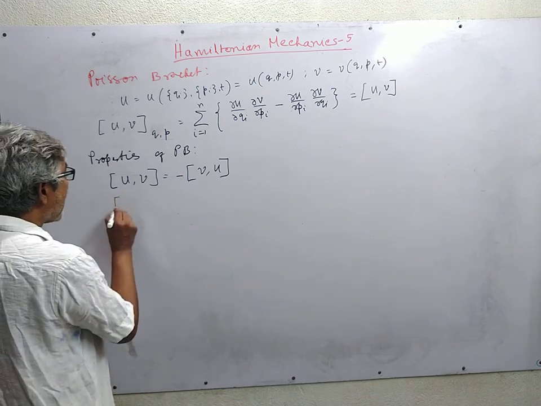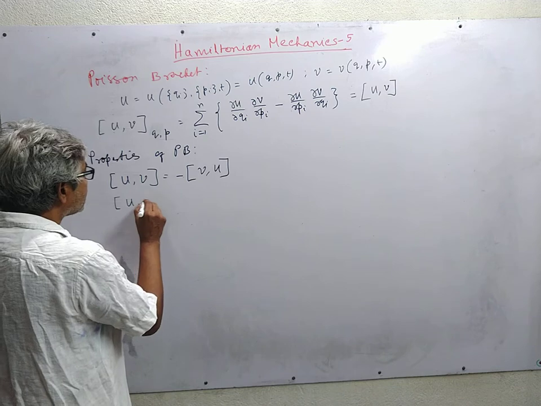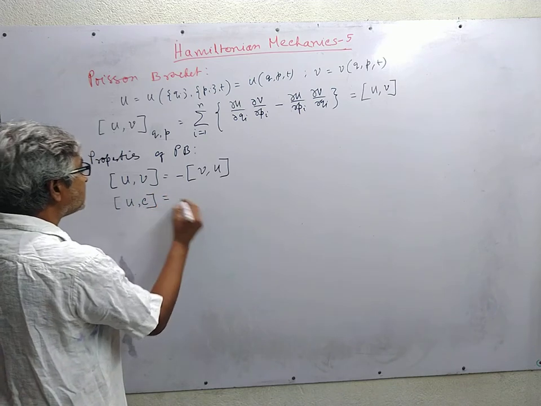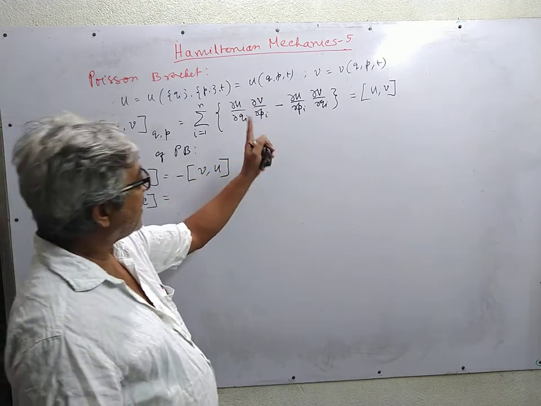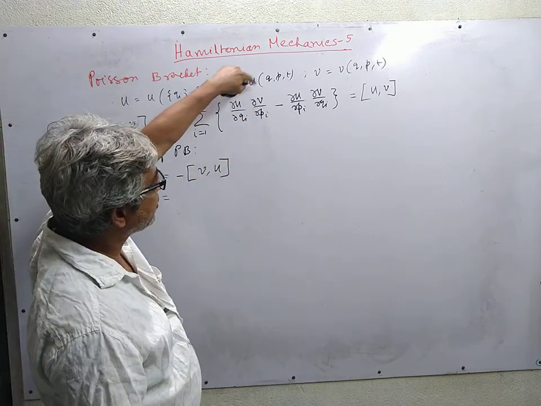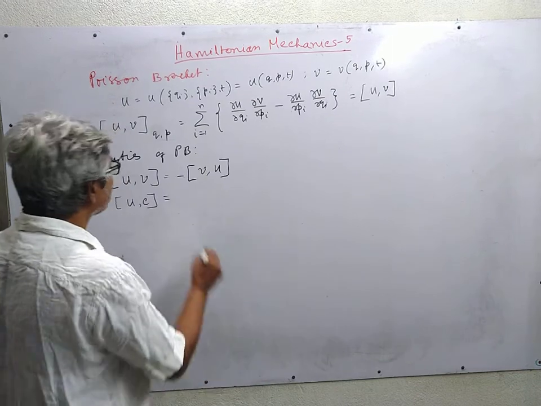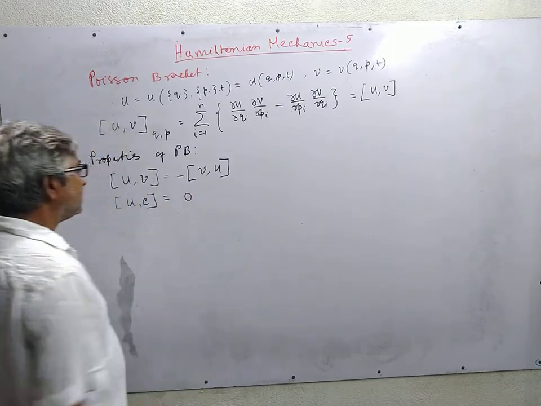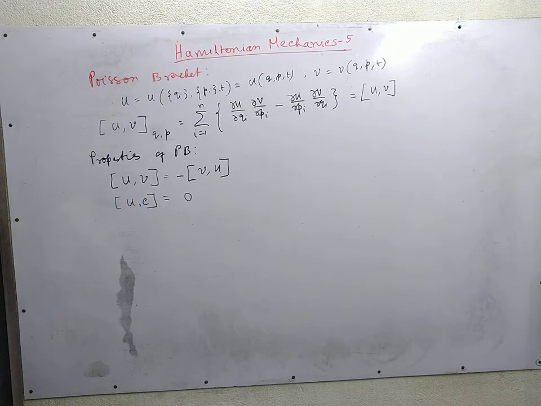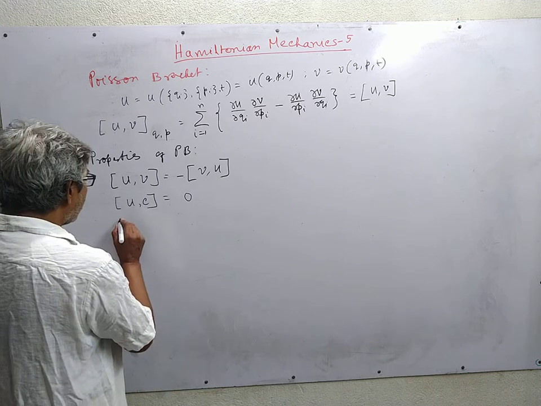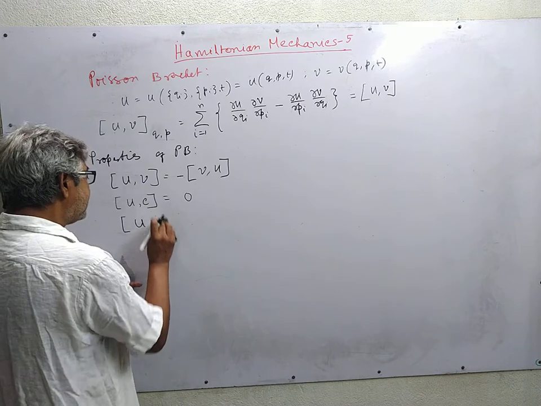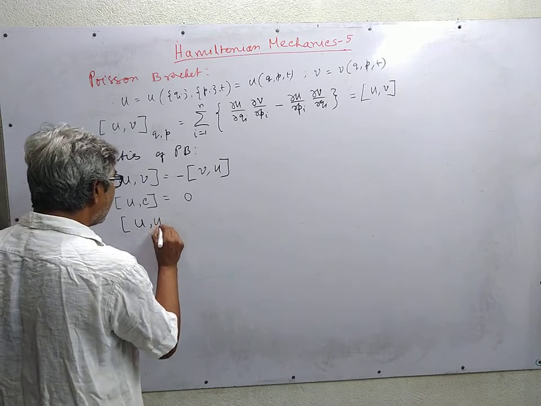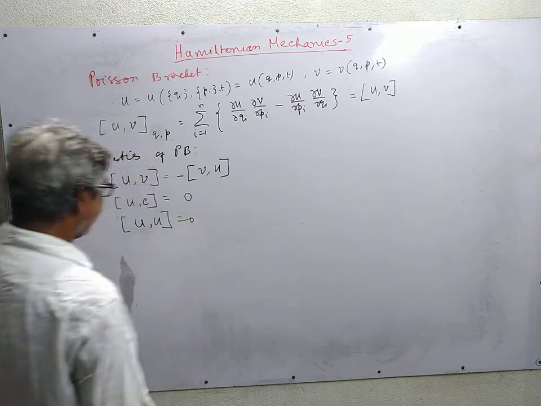Another thing is that if you consider the Poisson bracket with respect to a constant quantity C, then the derivative terms are 0. So the Poisson bracket with a constant is always 0. Another property is that the Poisson bracket of a quantity with itself is also 0. These are very trivial properties of the Poisson bracket.